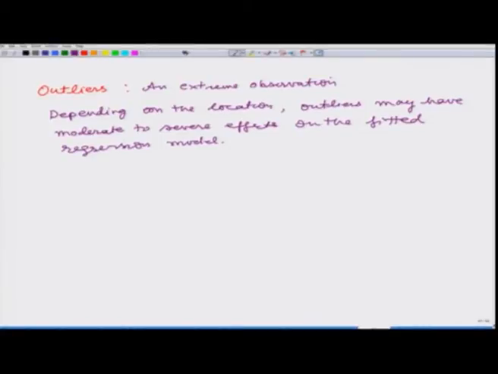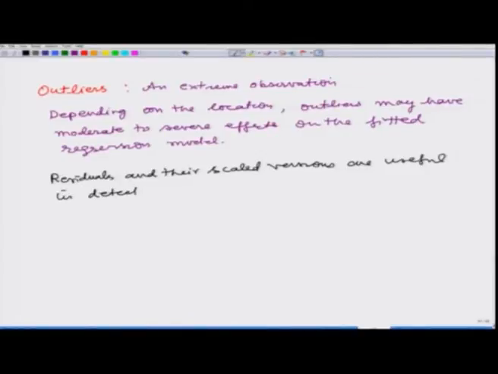What should we do so that we can develop a diagnostic for identifying such outliers? In such cases, the residuals help us a lot. So, we are going to consider here the residuals as well as their scaled versions, and then we will see that the residuals and their scaled versions are useful in detecting the outliers.